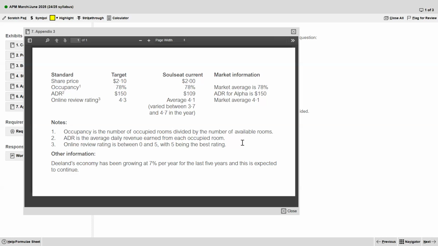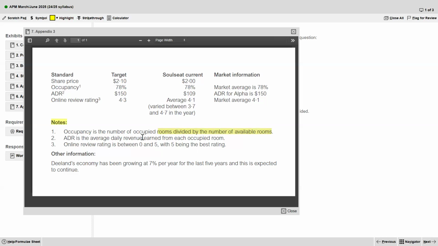Now what next is there? It says online review rating 4.3, market average 4.1. Notes: occupancy is the number of occupied rooms divided by the number of available rooms.